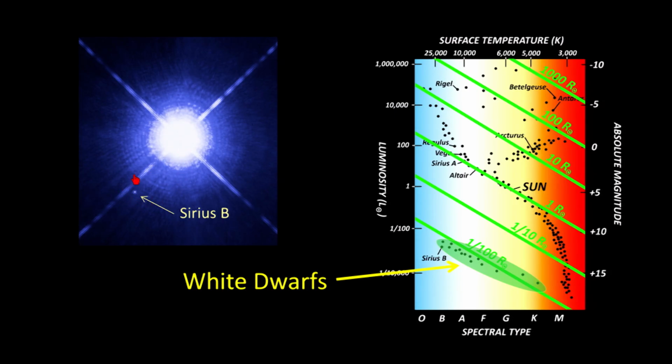So Sirius B had to have been a star that was more massive than Sirius A for it to be completely finished with its evolutionary sequence. So even though they were born at the same time, one of them died faster than the other one because it was a different mass. Mass determines how quickly a star lives and dies.